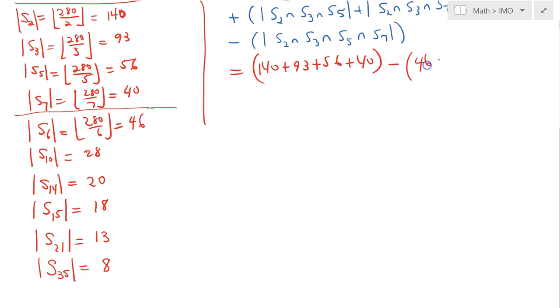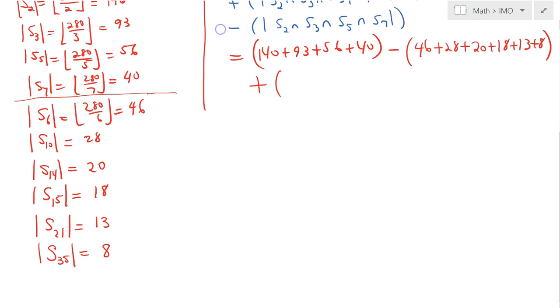Okay, so we have 46 plus 28 plus 20 plus 18 plus 13 plus 8. Then we add back those which are divisible by 3 numbers, namely we can try 2, 3, 5, which is 30. I would need S30, so 280 divided by 30, the floor function I believe should be a 9.